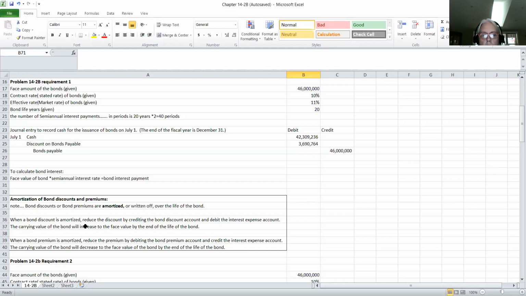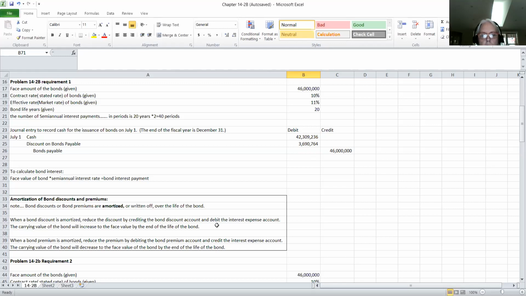But when you are amortizing a discount, you're reducing the discount. You'll remember that the discount was a contra bonds account. So discounts normally have debit balances. If we're reducing a discount, we would have to credit the bond discount account.